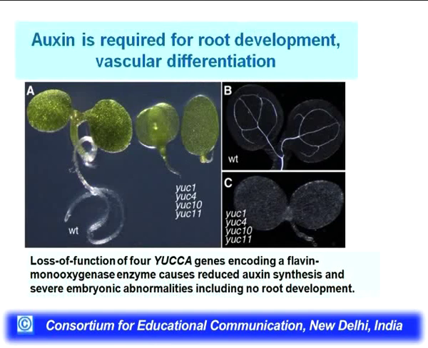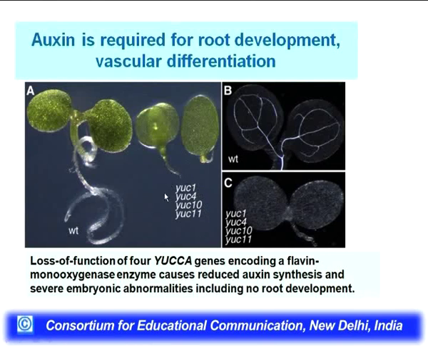There are many YUCCA-like genes, and if you knock down 1 or 2 YUCCA genes, you will not get a phenotype because this gene is present in multiple copies. However, if you knock down quite a few of them, in this experiment they have knocked down 4 different YUCCA genes. In panel A, you can see these are the mutants of YUC1, YUC4, YUC10 and YUC11.